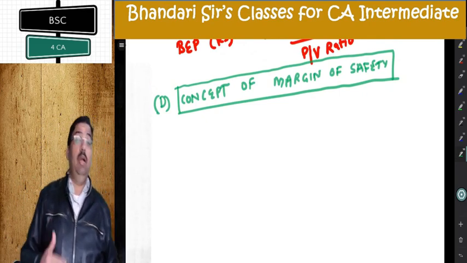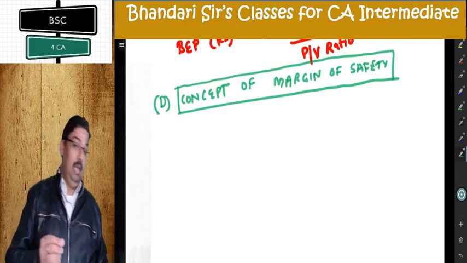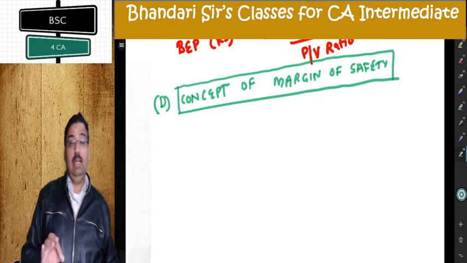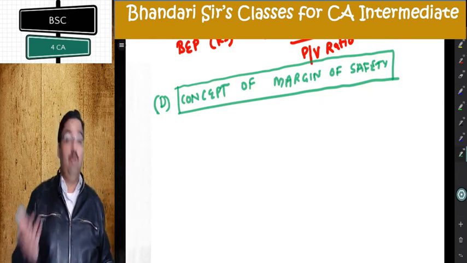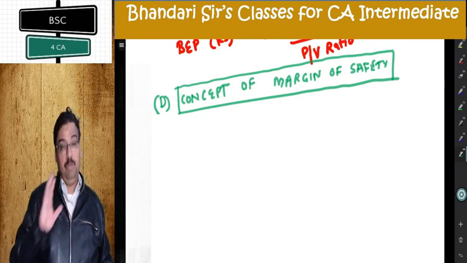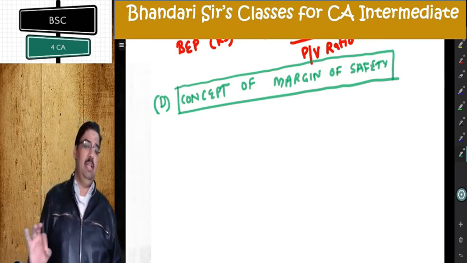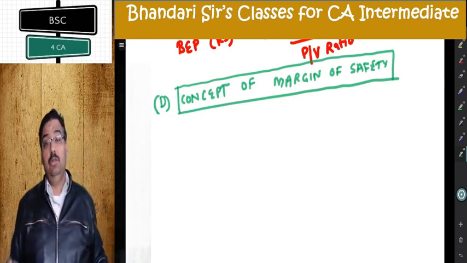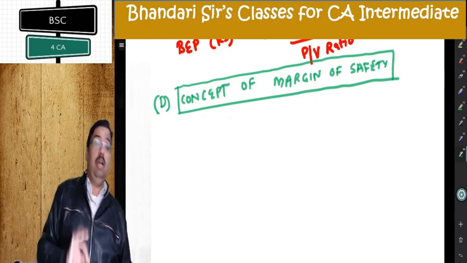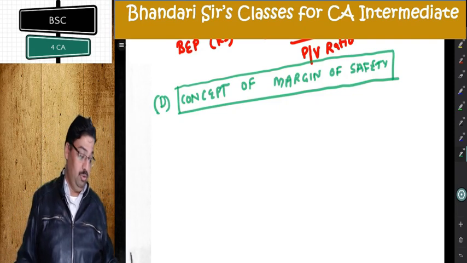When you start avoiding loss at break-even point, whatever your actual sale is over and above the break-even point, that is representing margin of safety. So it's a very, very simple concept. You'll have few formulas here, 3 categories of formulas to remember. That will be a very, very important concept for lots of questions to follow later on.